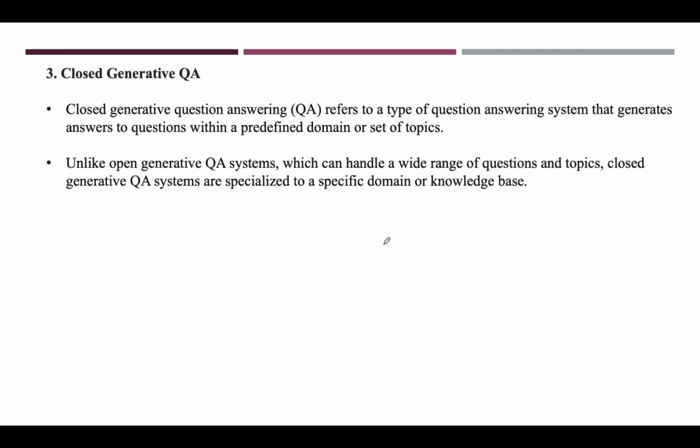Whereas here it is not like that. Here the scope is very limited. It can deal with only specific knowledge domain questions like medicine, sports, etc. And it can provide answers to only a few types of questions. So the scope is very limited and answers are extracted from a small collection of data, mostly structured data like ontologies. So they can provide answers which are specialized to a specific domain or knowledge base.